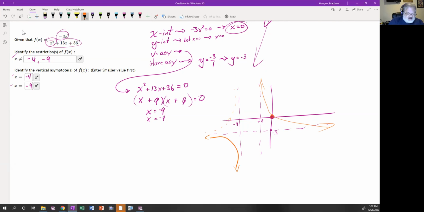Then it's got to fit in between these, but it can't have any x-intercepts. So it better fit down there, I guess. Nope, doesn't.